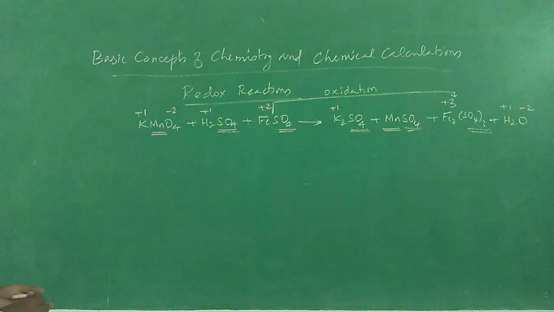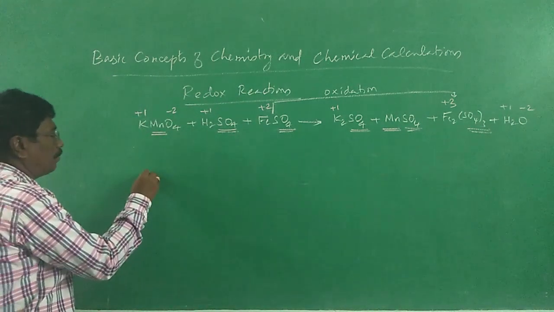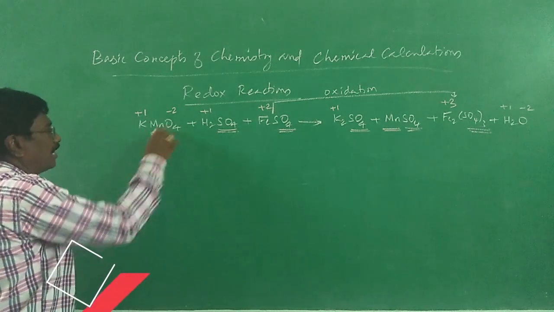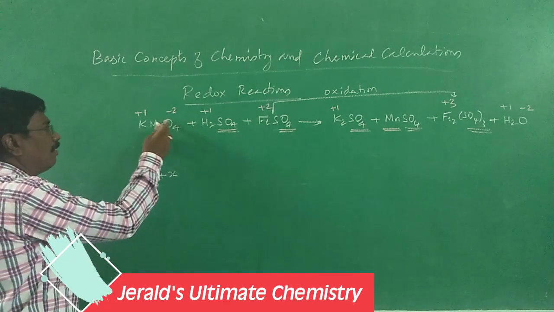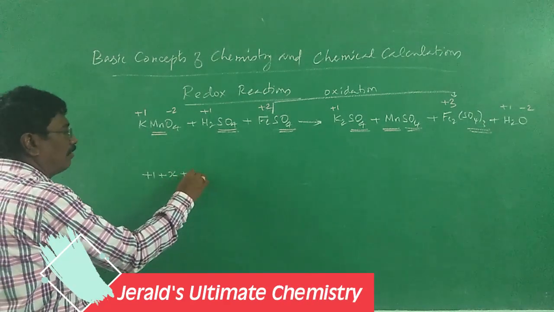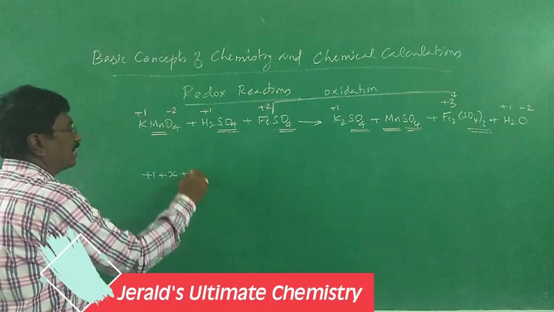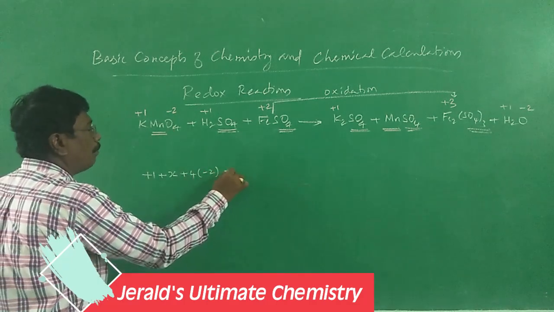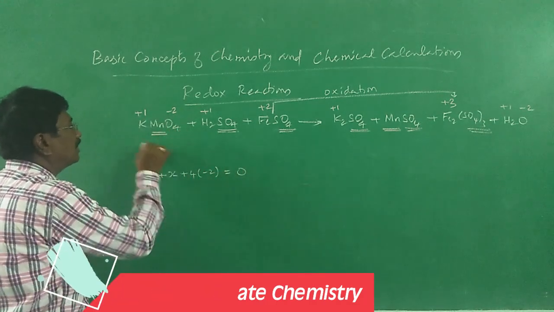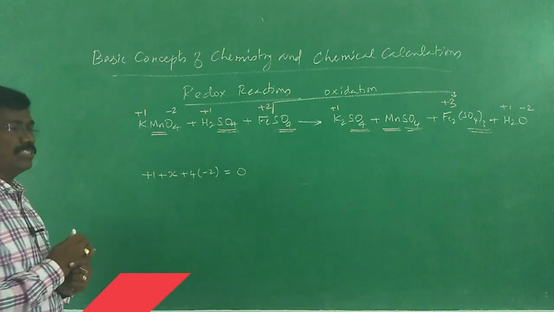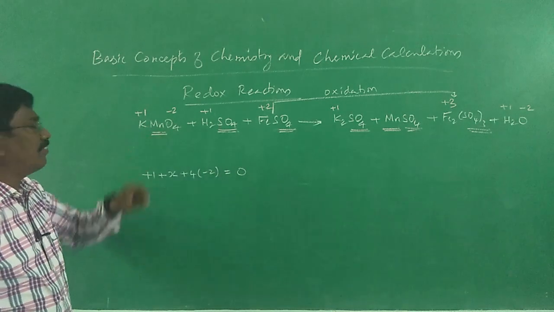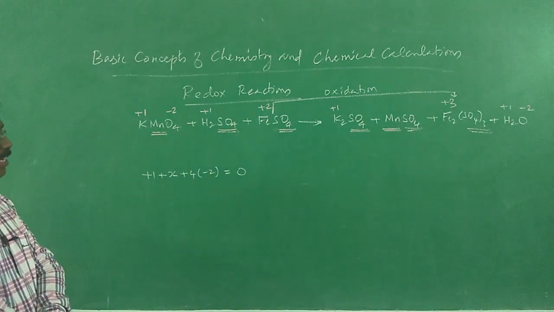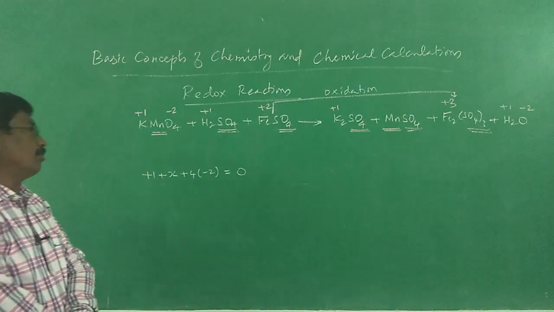How? Potassium, oxidation number plus 1. For manganese, we may not know the oxidation number, let it be X. We have 4 oxygen atoms. For each oxygen atom, the oxidation state is minus 2. If we sum up, it will give the total charge on the molecule potassium permanganate, 0. The sum of the oxidation numbers of different atoms present in the molecule should be equal to 0 if it is a neutral molecule.